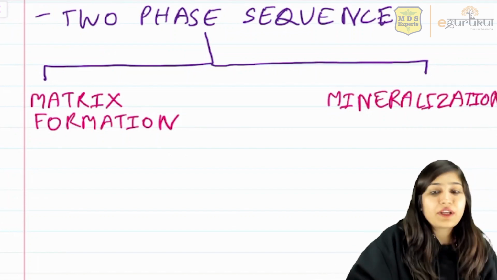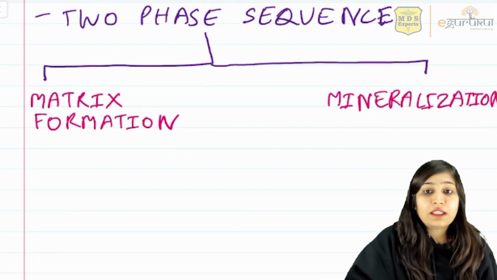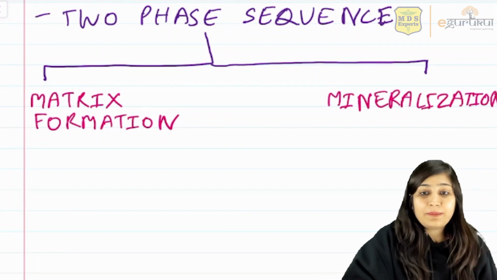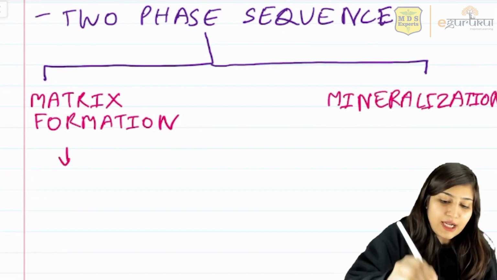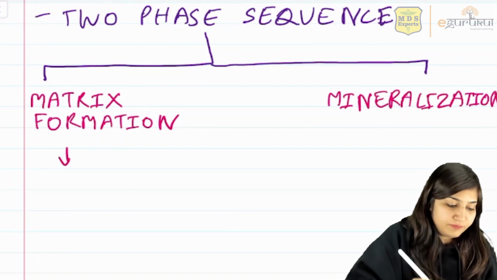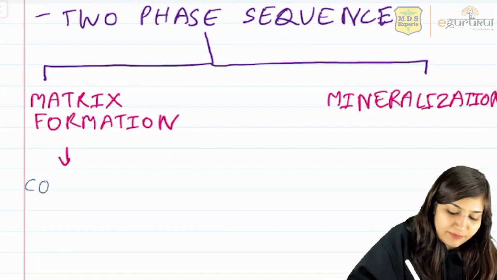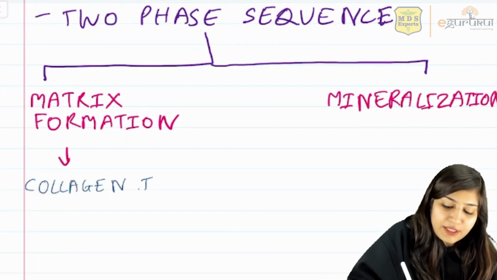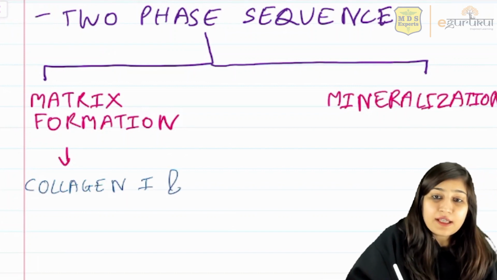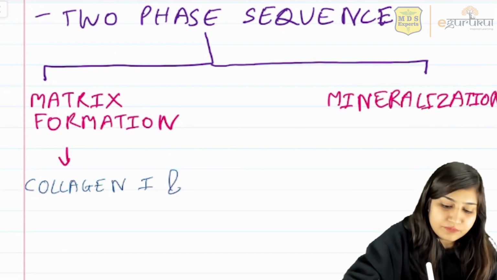So how is matrix formed? Collagen fibers may be present. So how will they be deposited? Starting with collagen type 1 and precursors of phosphophoryn.